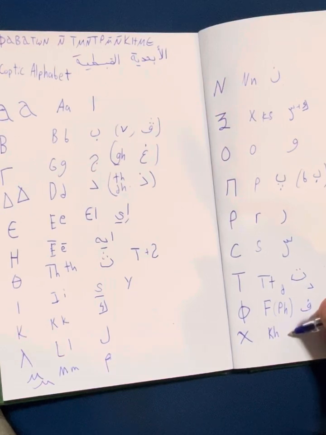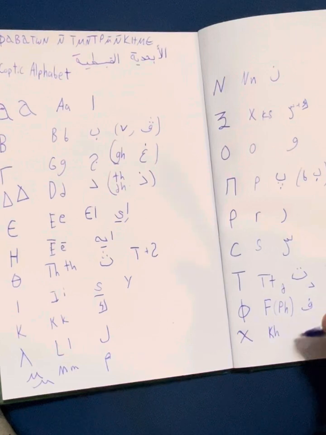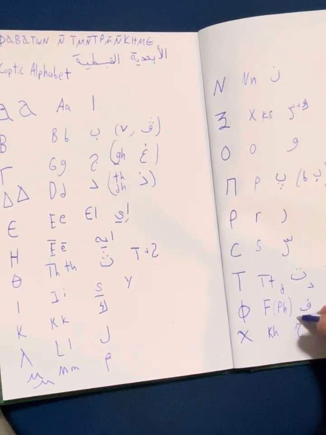Well, so it's usually pronounced ka if the word is a Coptic origin word, and cha if the word was borrowed from Greek. So cha / ka.